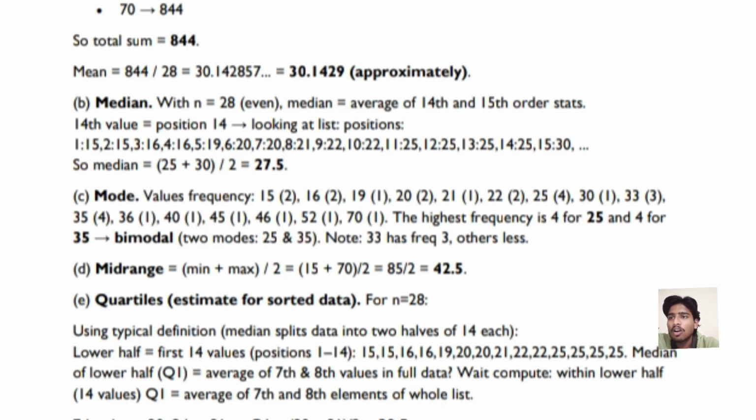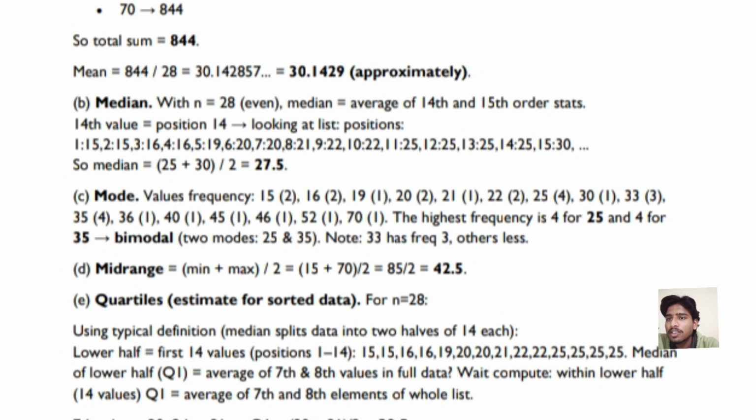Now we find the mode. Question number two, C, is the mode: values and frequency. In the mode we check the frequency of values. You see the frequency of values: 50 is two times, 16 is two times, 19 is one time, 20 is two times.